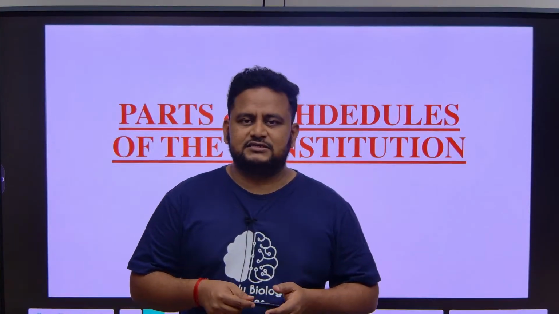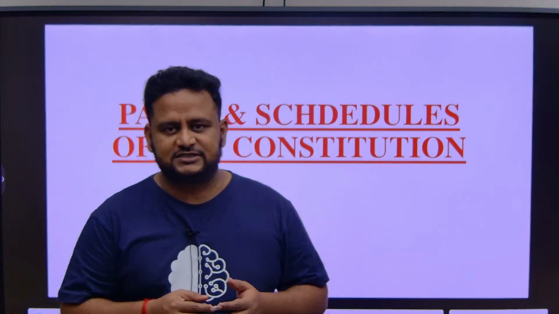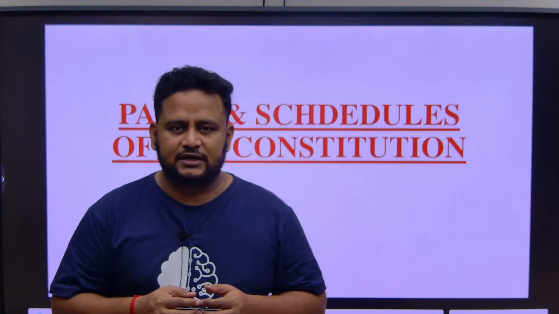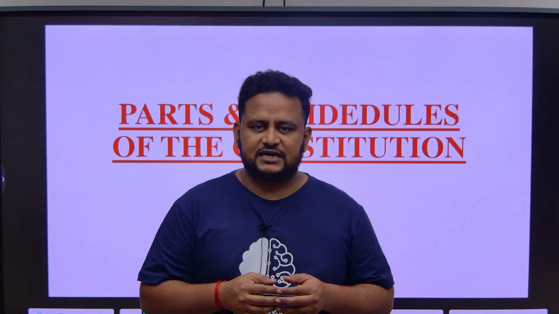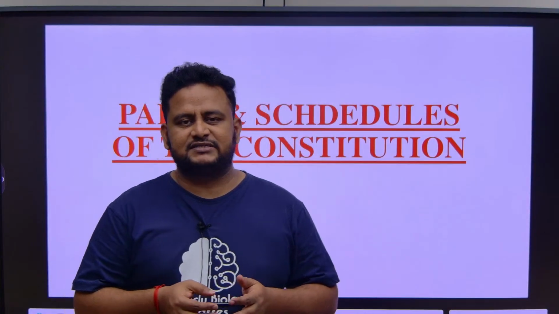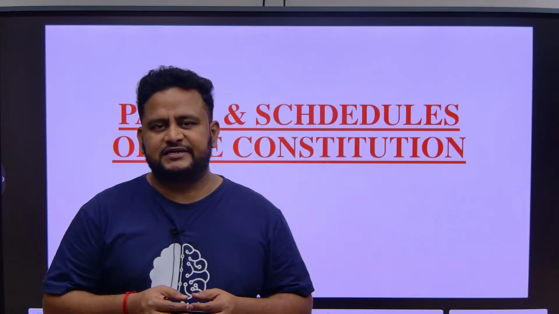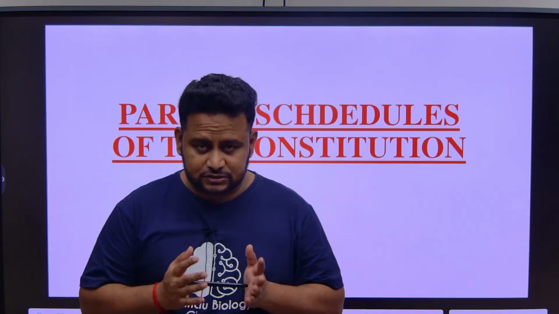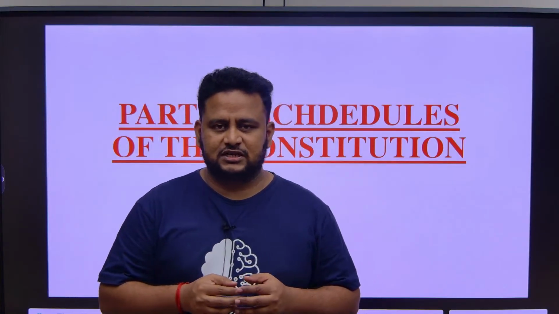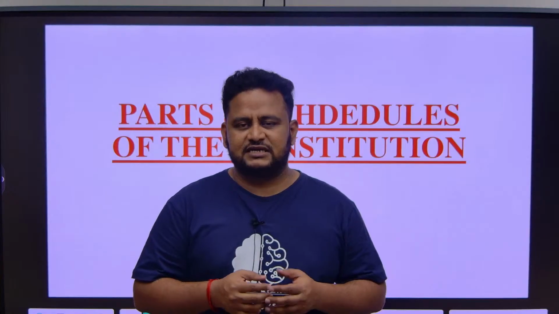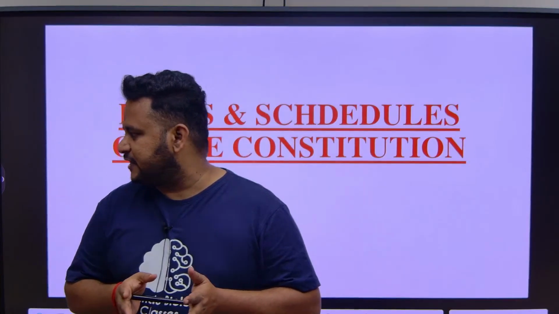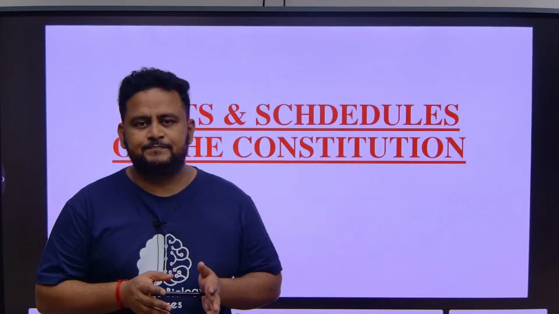Then some other facts we learned: the first meeting took place on 9 December 1946, and the second meeting on 11 December 1946. The permanent chairman, that is permanent president, was Dr. Rajendra Prasad, and the vice president was H.C. Mukherjee. All these facts we already went through in the previous class.